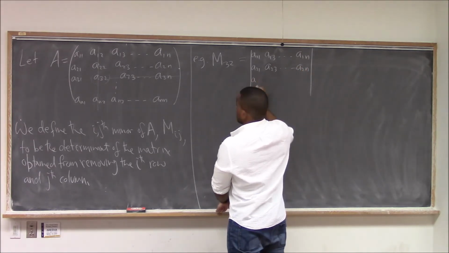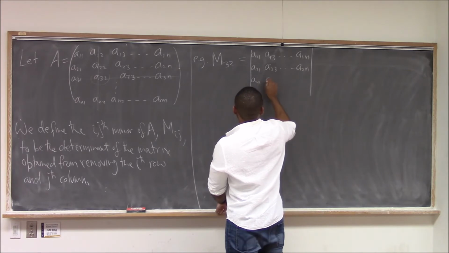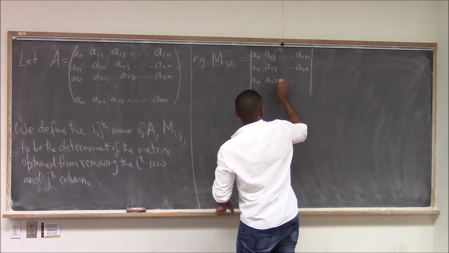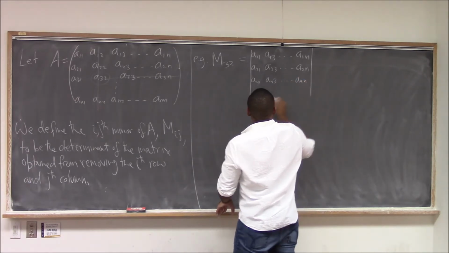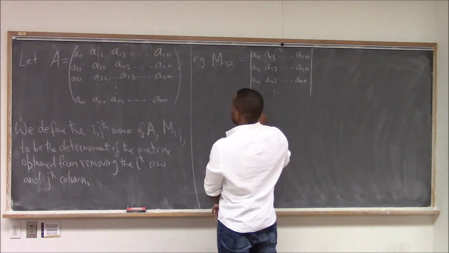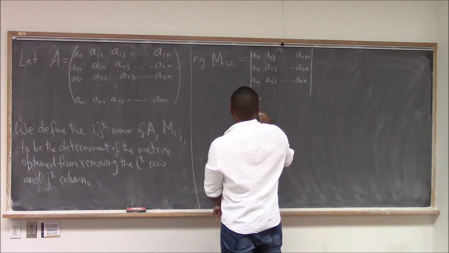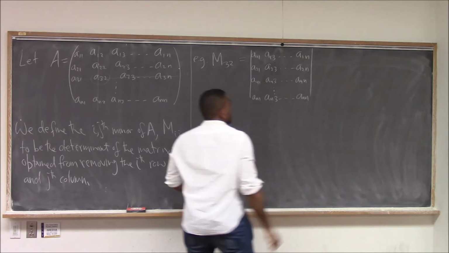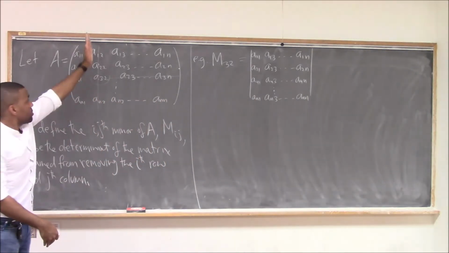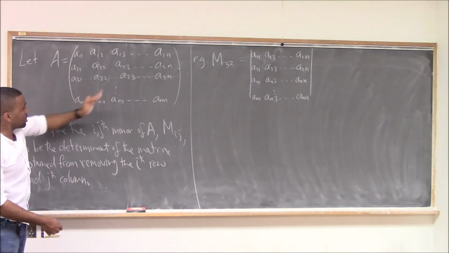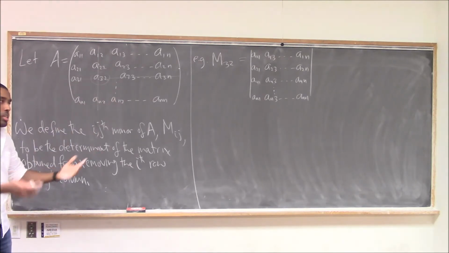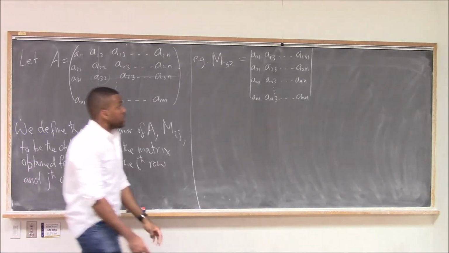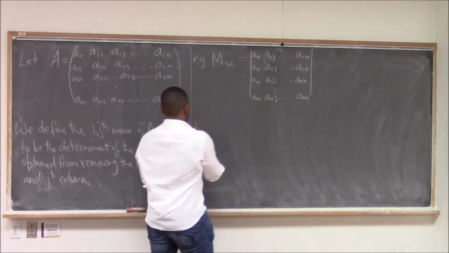The next guy in this would be A4,1, A4,3, all the way down to A4,N, all the way down to AN1, AN3, all the way down to ANN. So you notice I just removed the third row and second column. There's a matrix that's going to be left over. I define the minor to be the determinant of that matrix. Here's another definition.